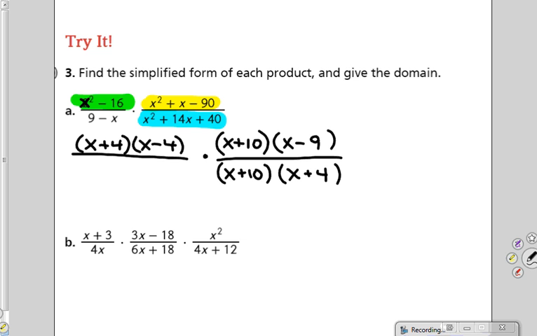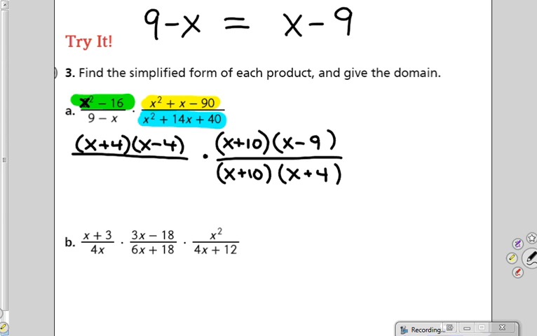Here's why. 9 minus x seems backwards to me. Is 9 minus x the same as x minus 9? No. I mean, put in a number for x, like 1. Is 9 minus 1 the same as 1 minus 9?